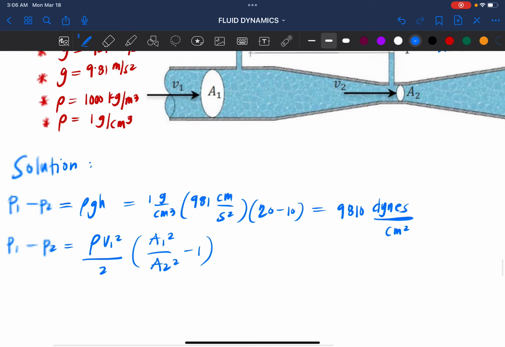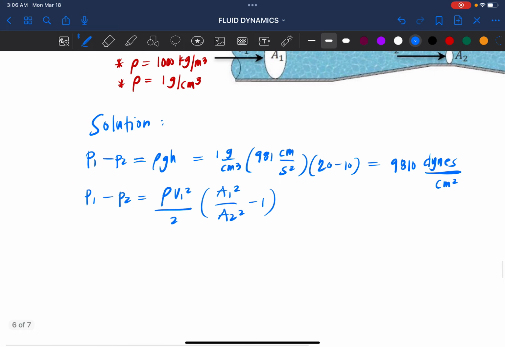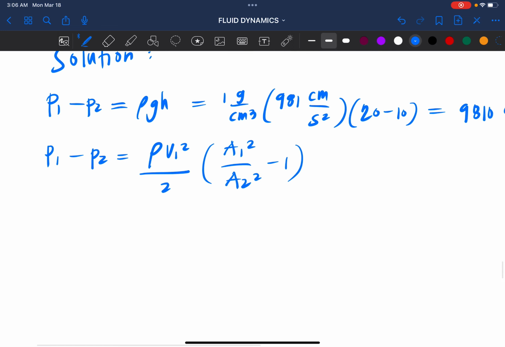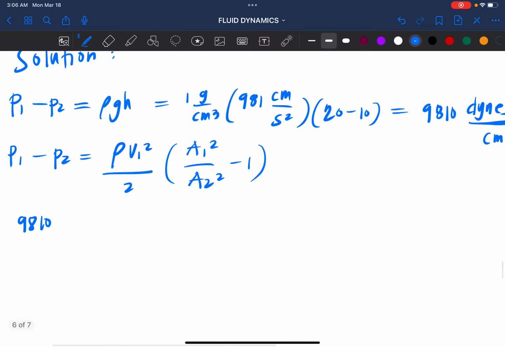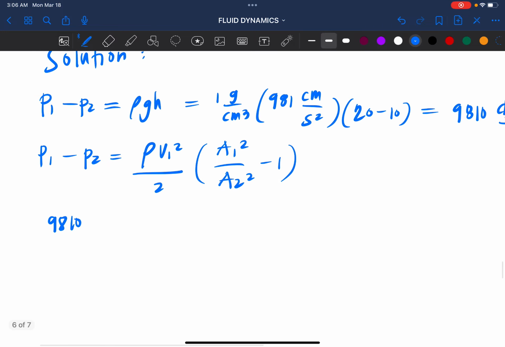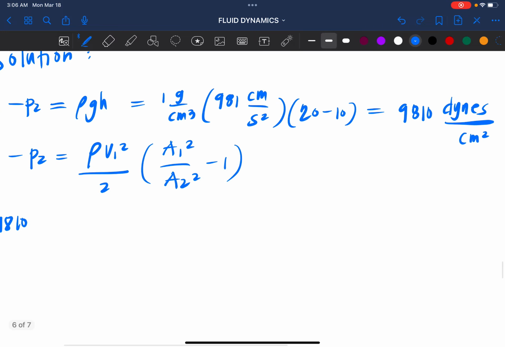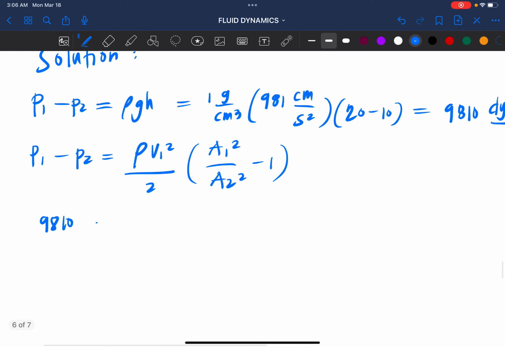Then, after nyan, pwede na nating input yung mga given values natin. Naka-centimeter lahat, no? So, input nyo, class, this is 9,810 dynes per centimeter squared. Kahit wag nyo na ilagay units, uniform naman na, that is equal to, density natin, that is 1, times V sub 1.